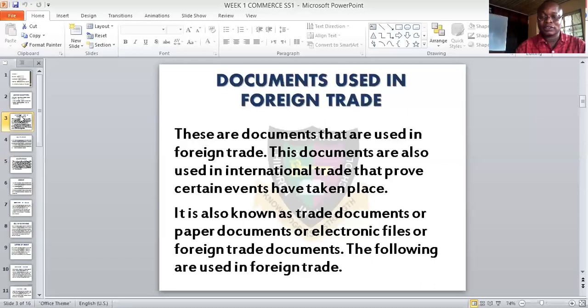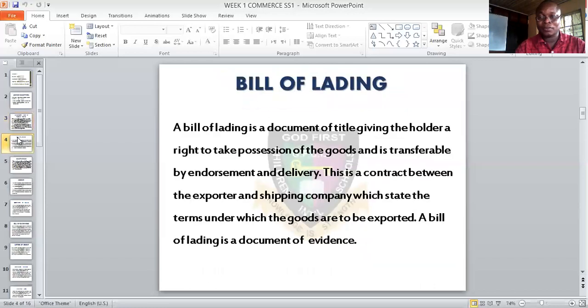Another name for this document is trade document. You can call it trade document or paper document, or you can also call it electronic files or foreign trade documents.